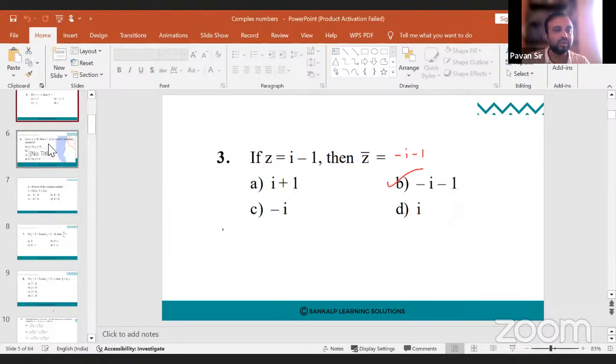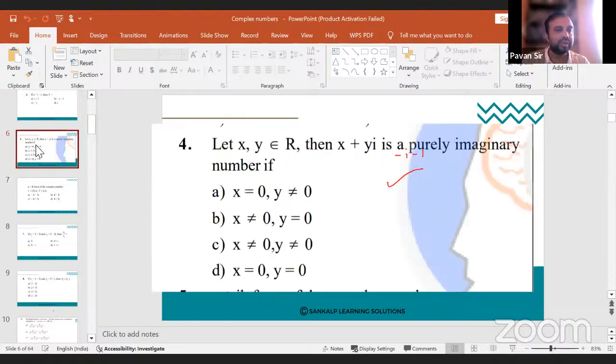Next question. Try to solve this, students. Let x and y belong to R, then x plus iy is purely imaginary if what? It is purely imaginary if what it will be?